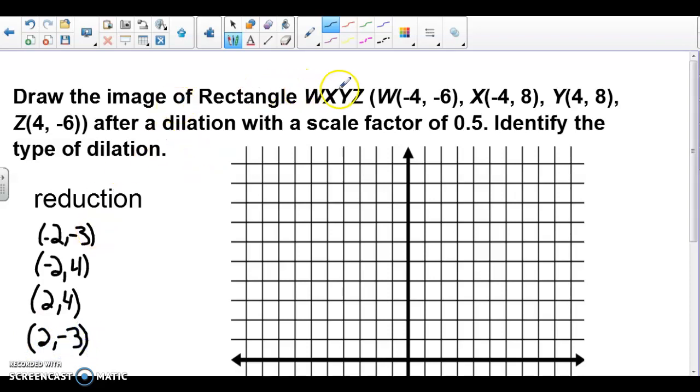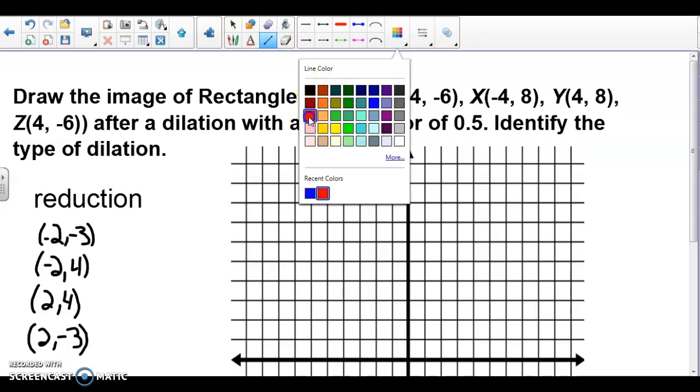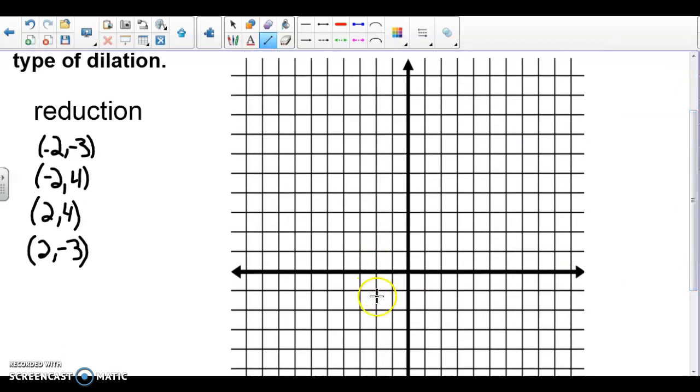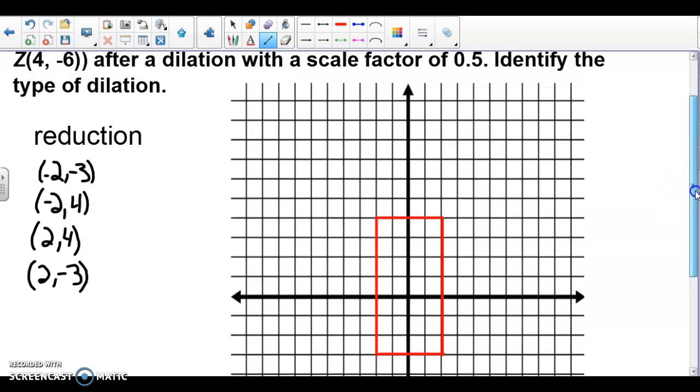Now I'm going to draw the image of this rectangle. So all I just have to do is draw this one. -2, -3. Just -2, 4. And so that is our new image.